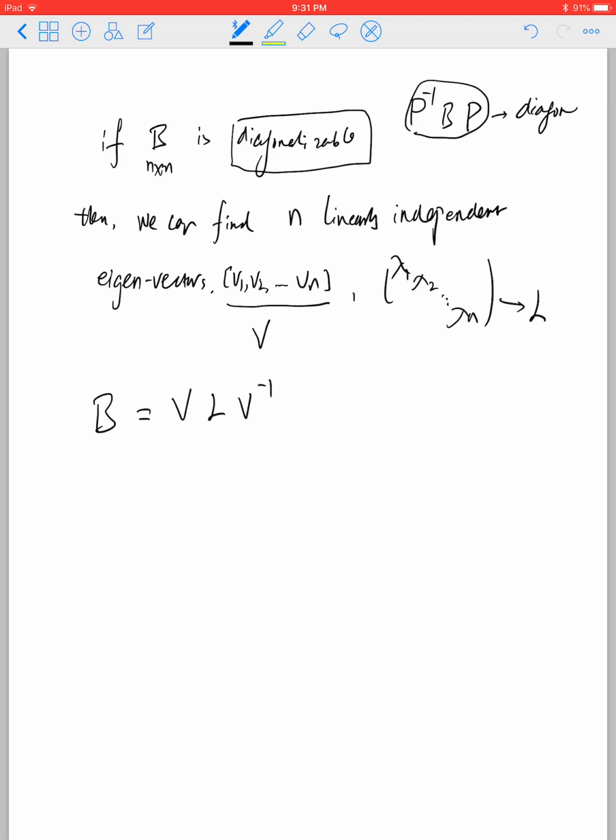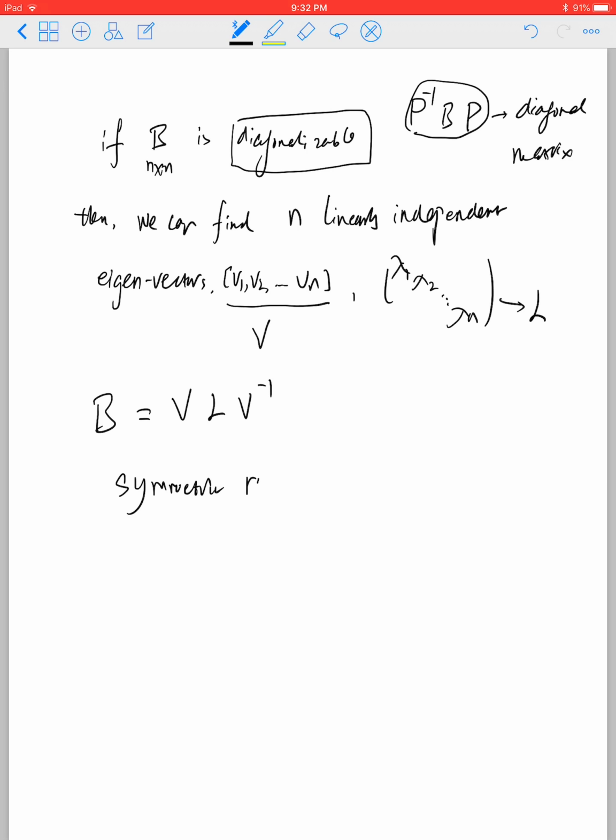Lambda 1 here is the corresponding eigenvalue for V1, lambda 2 is the corresponding eigenvalue for V2, and so on until lambda n for Vn. We denote this diagonal matrix by L. Then B can be written as V L V inverse. So this is called eigendecomposition.